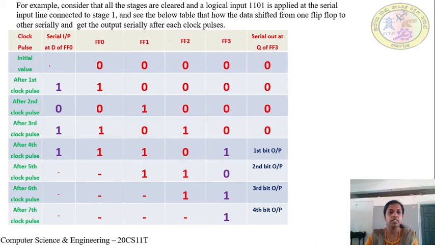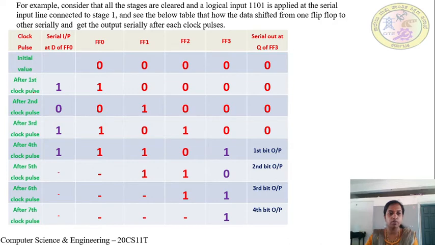Here we consider the initial value of all the flip-flops as 0: FF0 is 0, FF1 is 0, FF2 is 0 and FF3 is 0. So the serial output at Q of FF3 is also 0. Now give the first input at D of FF0.